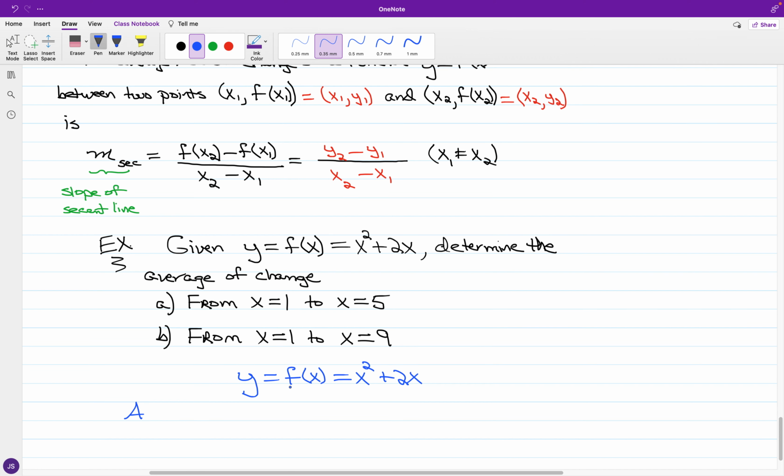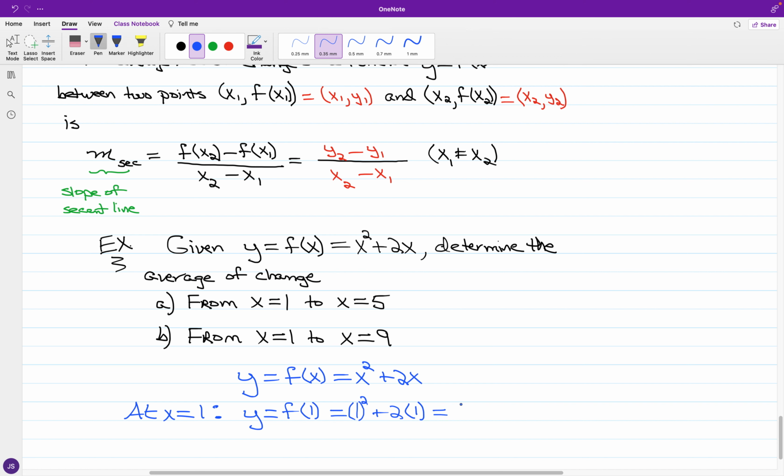Say I'm looking at the y value whenever x is equal to 1. So the y value whenever x is at 1 is going to be f of 1. So you're looking at 1 squared plus 2 times 1.